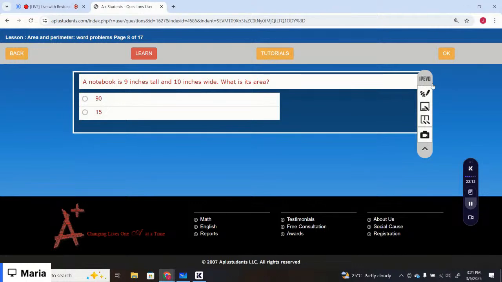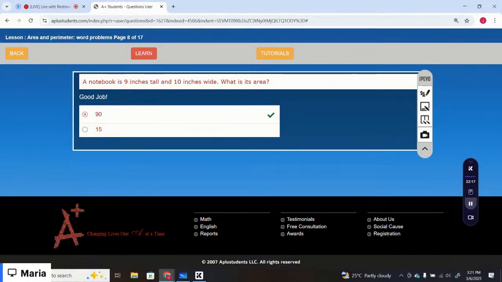That is 10 times 9, which is 90. Option number 1 is the correct option.